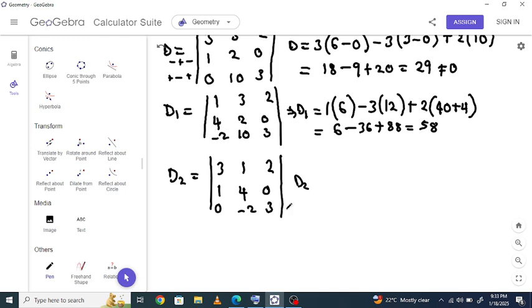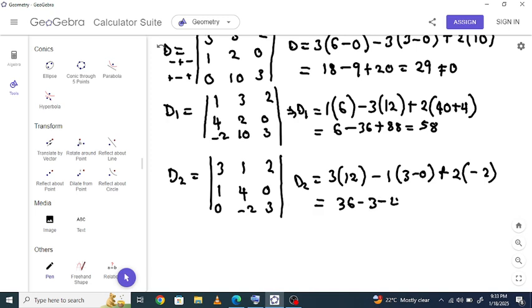That means our value for D2 will be 3 into 12 minus 0 is 12, minus 1 into 3 minus 0, plus 2 into, we cover the first row and the last, we will have minus 2. That means we're going to have 36 minus 3 minus 4, which gives us a value 29.